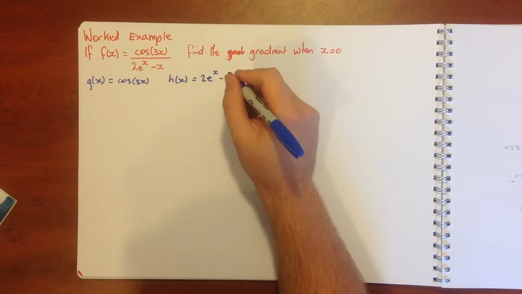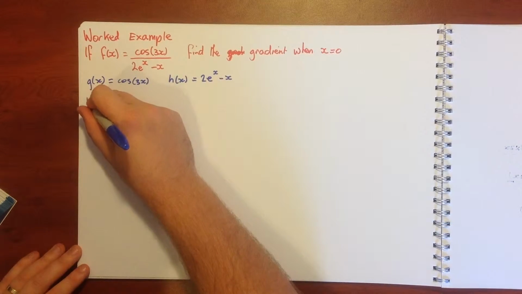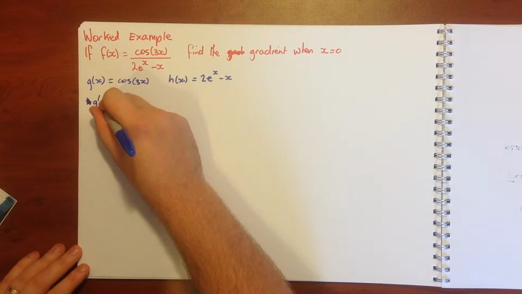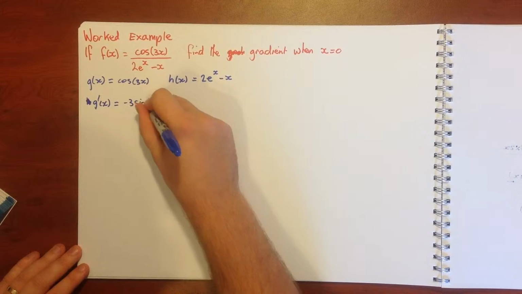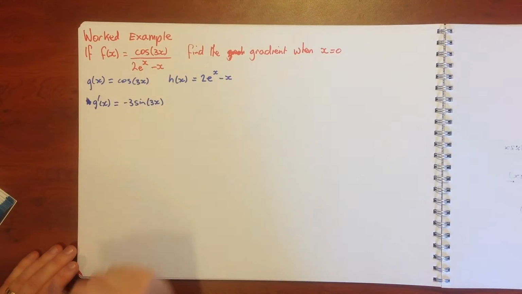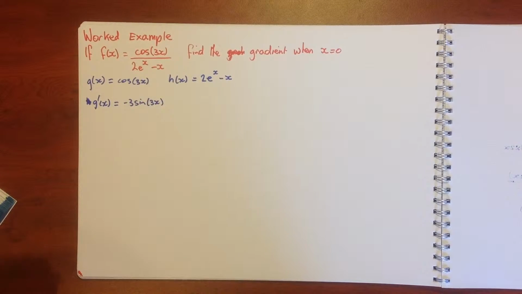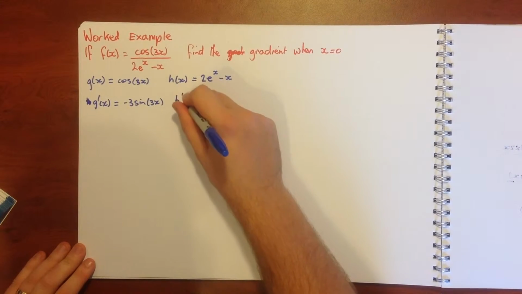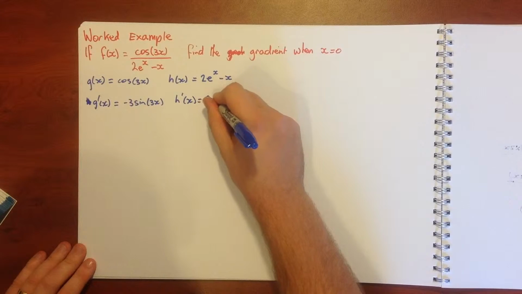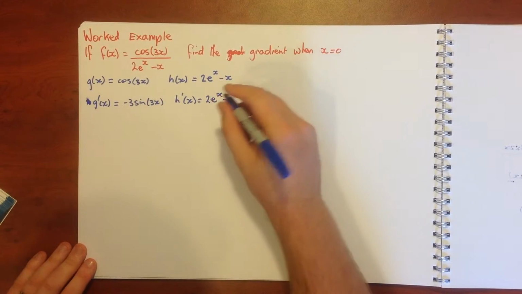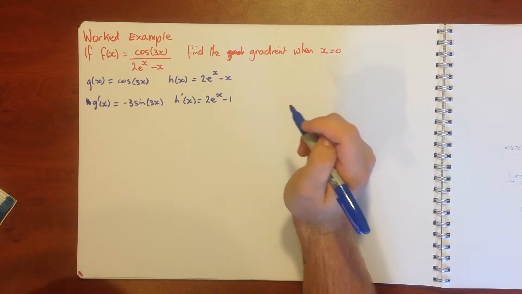Then our derivative g dash of x equals minus 3 sine of 3x for the first part, and h dash of x is going to equal 2e to the x minus 1. This bit won't change.